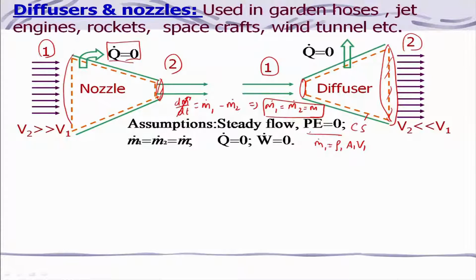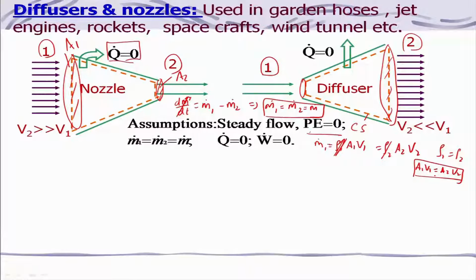This is your A 1 and this area is A 2, so it is equal to rho 2 A 2 V 2. If I consider the density is the same, not changing, this can be canceled out, assuming rho 1 is equal to rho 2. Therefore, I can write A 1 V 1 is equal to A 2 V 2.